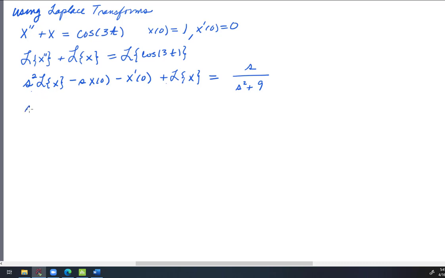So I would have an s squared plus 1 Laplace of x, and then the initial conditions tell me x of 0 is 1, so I'd have a minus s, and x prime of 0 is 0, so that doesn't contribute anything.